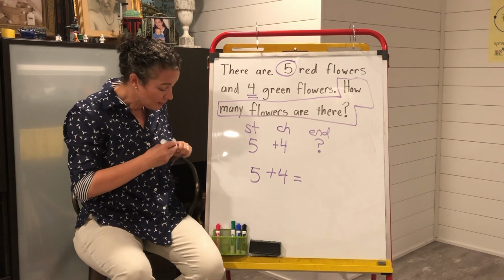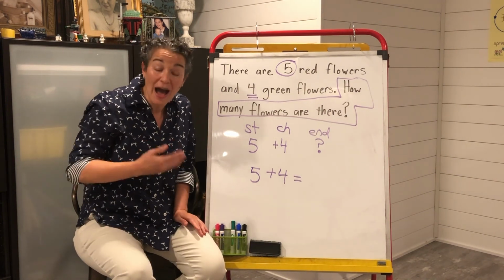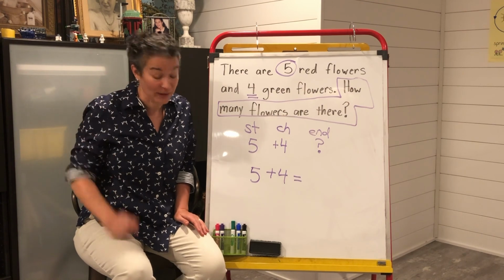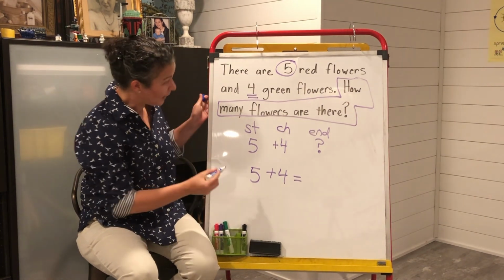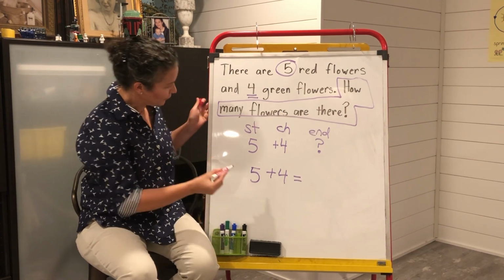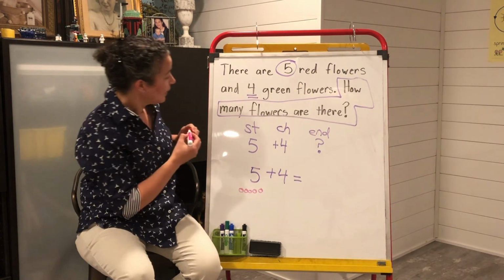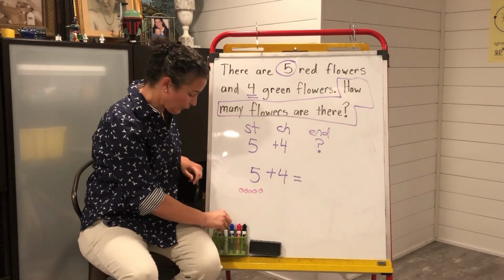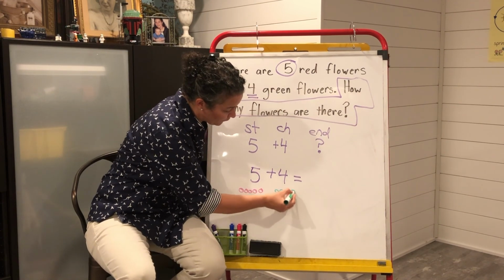All right, my friends. So we could use our fingers, and you can do that if you want to on your own. I'm going to draw a quick pic so you can kind of see what I'm thinking. All right, my friends. So I have 5. Well, it says red. I don't have red. Let's use pink. I have 5 red flowers. 1, 2, 3, 4, 5. And I have 4 green flowers. 1, 2, 3, 4.